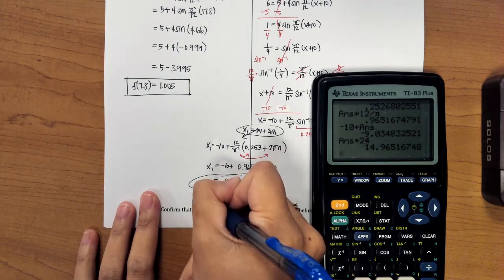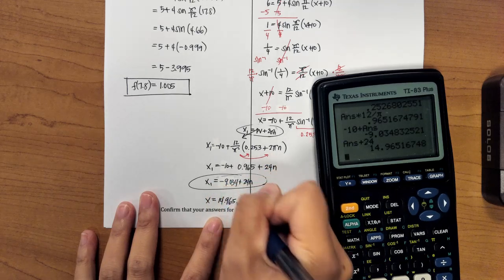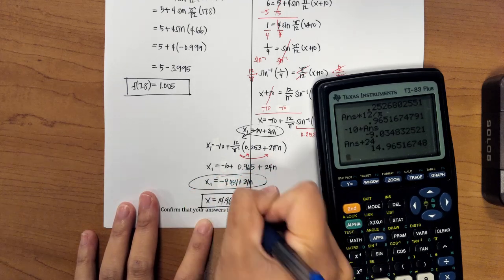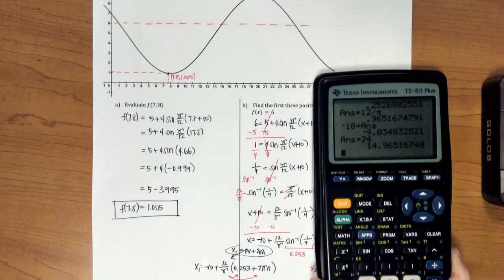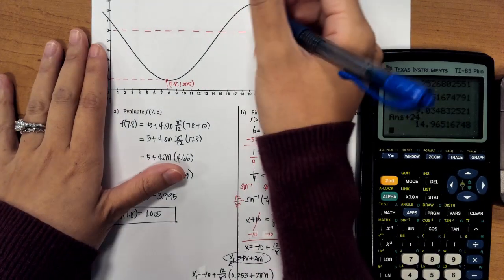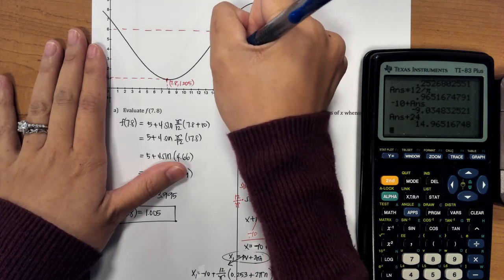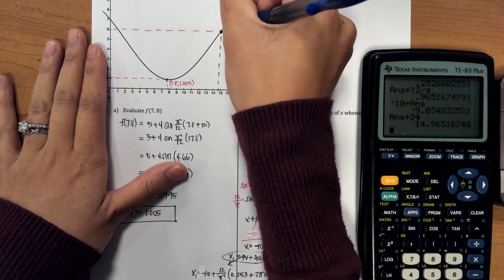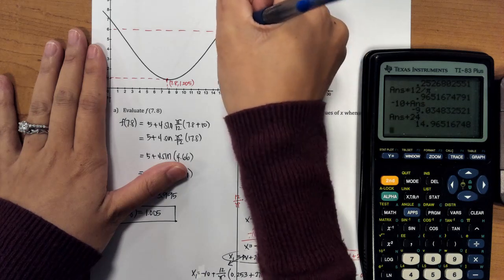So one of our x values is 14.965. That matches, 14.965 will be right here. Yay. Comma 6.